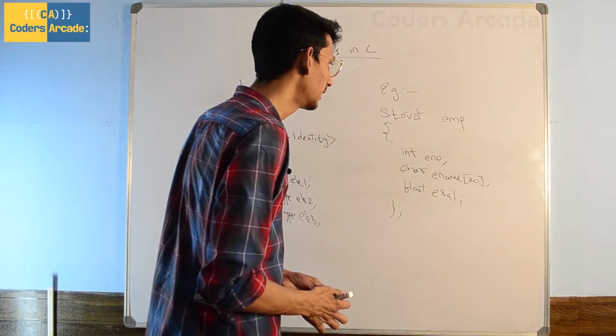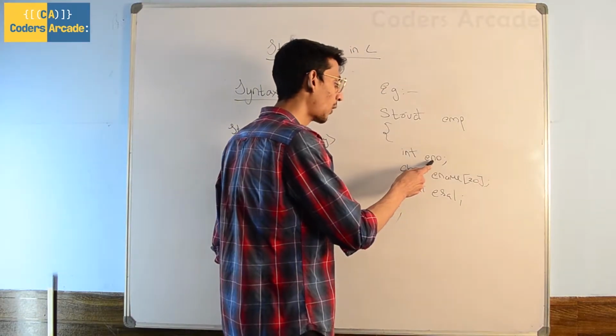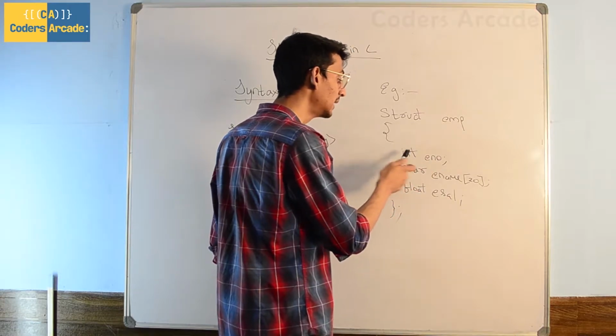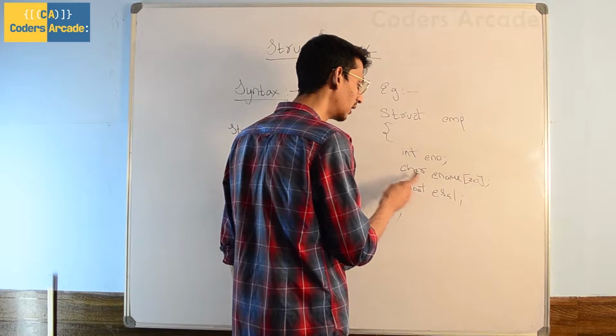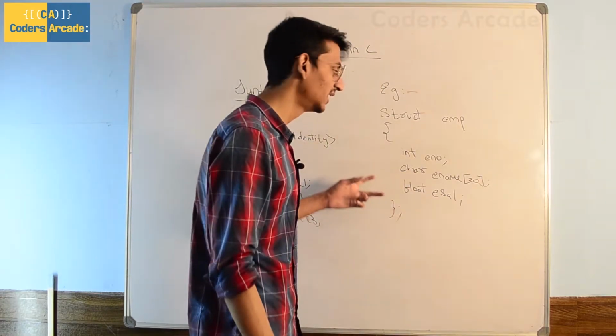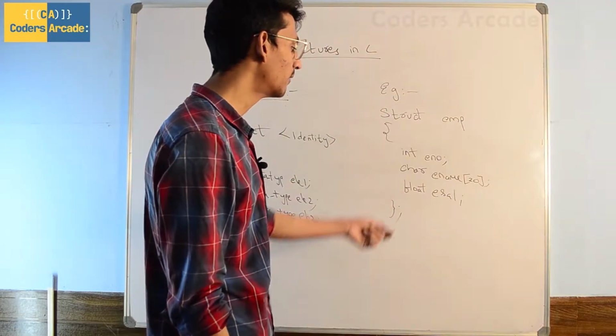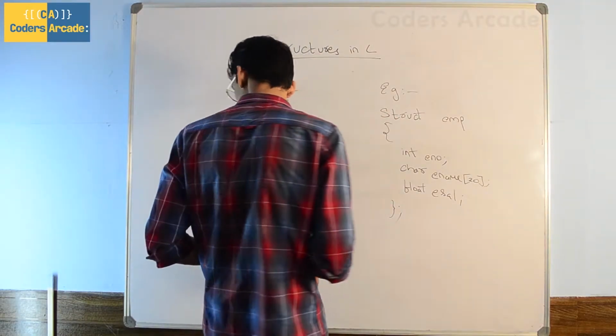Here, we created a structure of an employee. In our structure, we have employee number, which has the data type of int, employee name, which has a data type of char, and employee salary, which has a data type of float. So here you can see we have a collection of more than one element of different data types inside our structure.